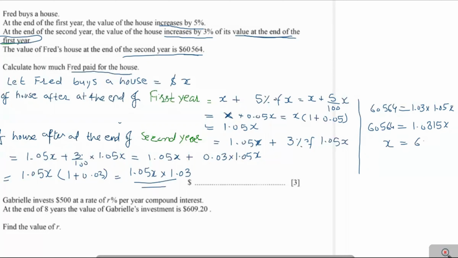Therefore, X will be equal to 60,564 divided by 1.0815.